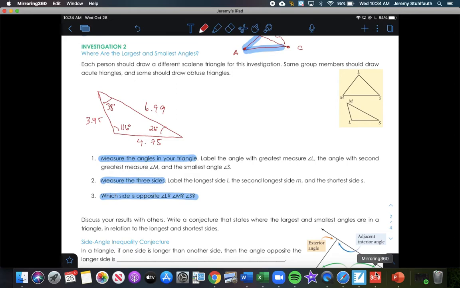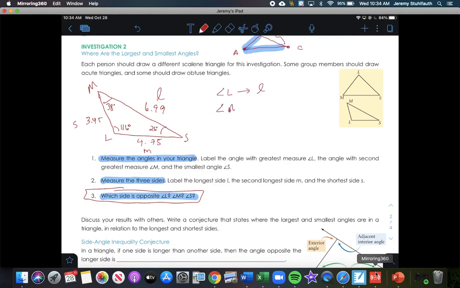So if you look at this triangle and we look at which side is opposite angle L. It said label our greatest measure angle L. So here's angle L. And then our second was angle M, and then angle S. And then side L, side S, and side M. So if we take a look at this, angle L has side L across from it.